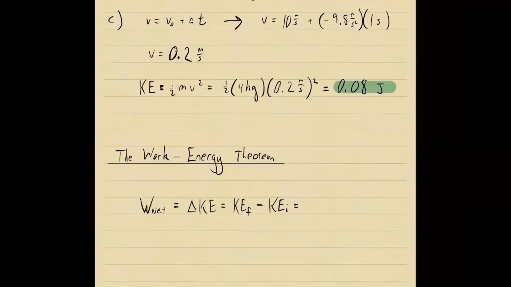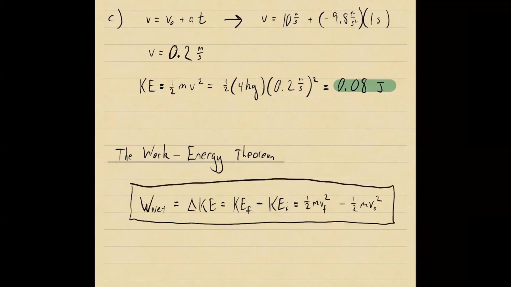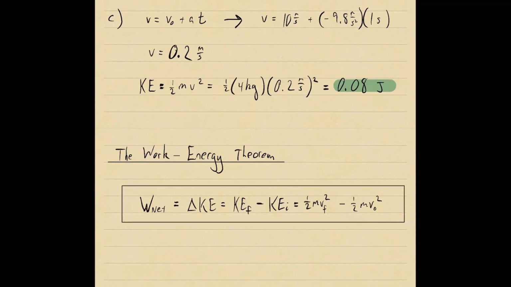So this is going to be 1/2 m v final squared minus 1/2 m v initial squared. This is the work energy theorem.